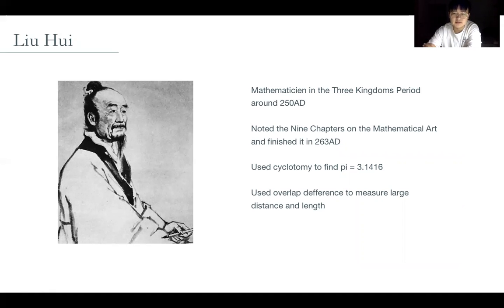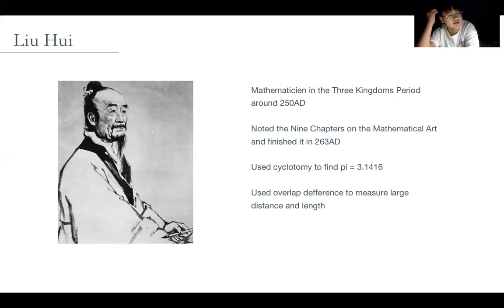In this book, he left a lot of his great thoughts, like cyclotomy and overlap difference. Liu Hui used cyclotomy and found that pi equals 3.1416, which was really accurate at that time.